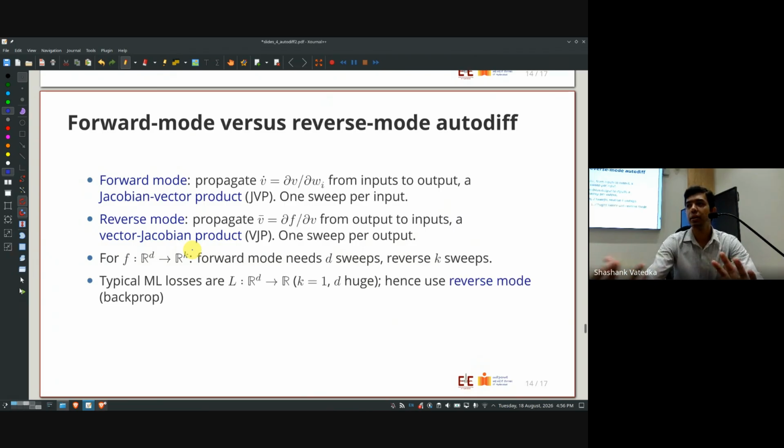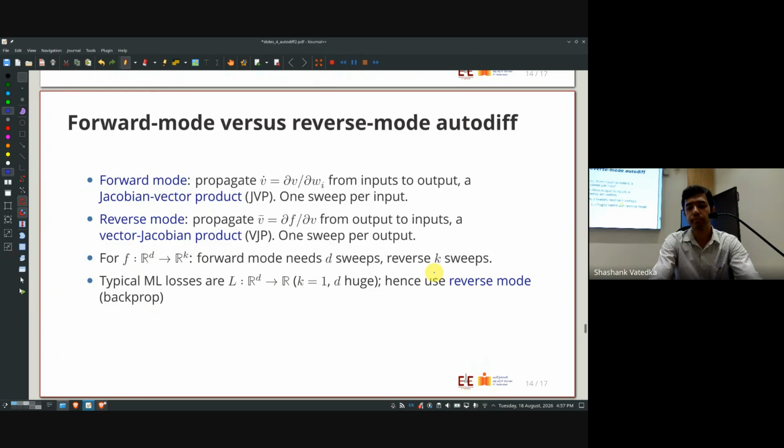But typically in machine learning, these loss functions that we're interested in take as input a large number of variables. So D is very, very large, which is the number of trainable parameters. And we want to minimize just one loss function, which is a real valued function. So here D is very large, whereas K is equal to 1. So it makes more sense to use reverse mode automatic differentiation, which is just the backpropagation algorithm.